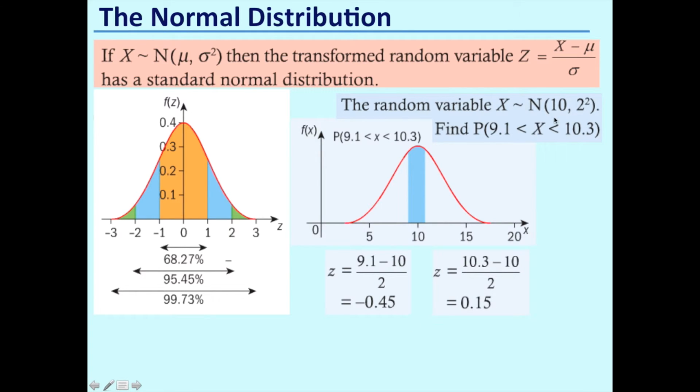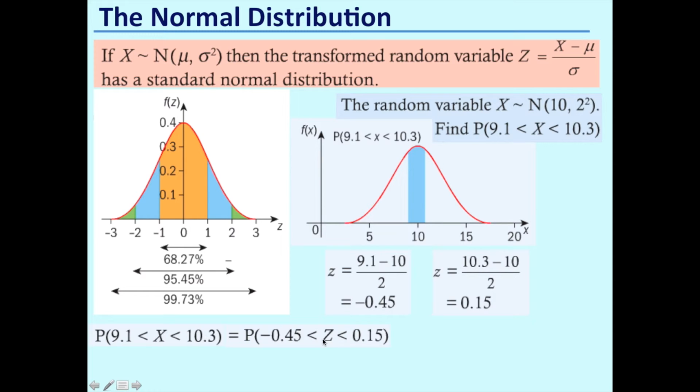We're going to repeat with the upper value, so subtract the mean, divide by the standard deviation, that gives us 0.05. Now we've got these z values, we can use our calculator. So this is what we started off with, which we can't use in our calculator because it's not normally distributed. That's with the variable x. We've converted that into the standard normal distribution with the variable z.